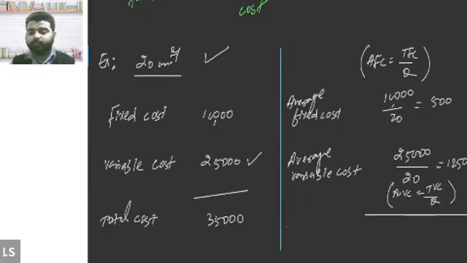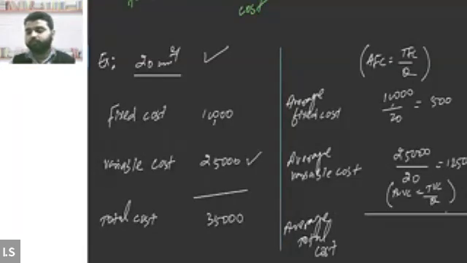We will simply divide the total cost by the quantity. By doing that, we will be able to calculate average total cost. So total cost divided by quantity will give you 35,000 divided by 20. It will be 1750. This will be your average total cost.